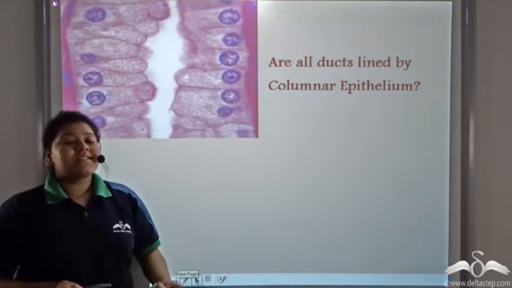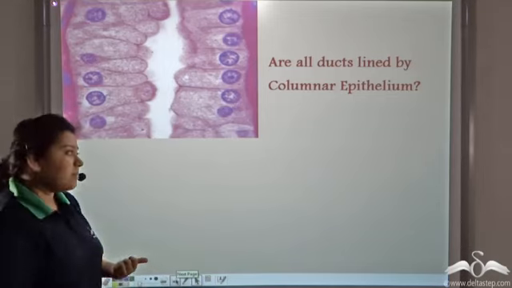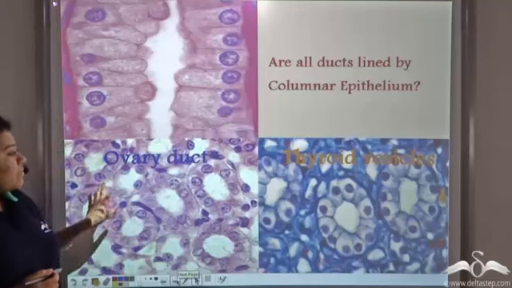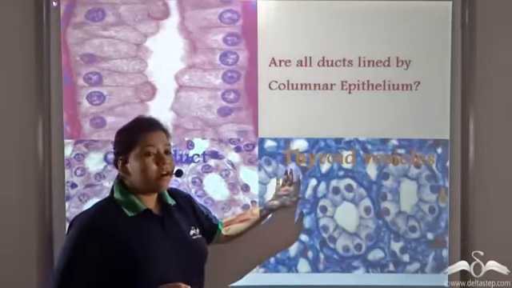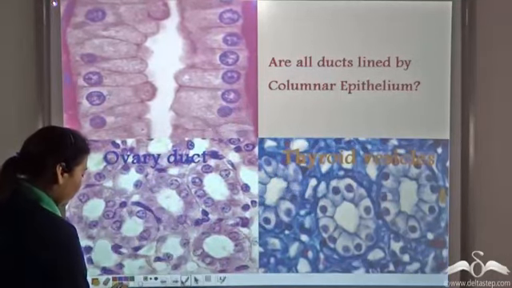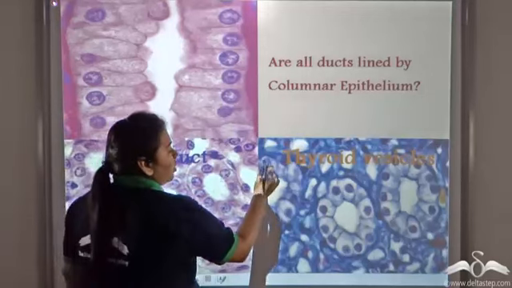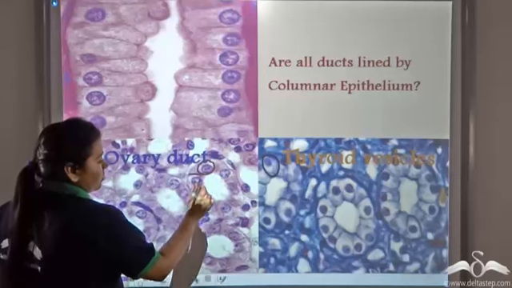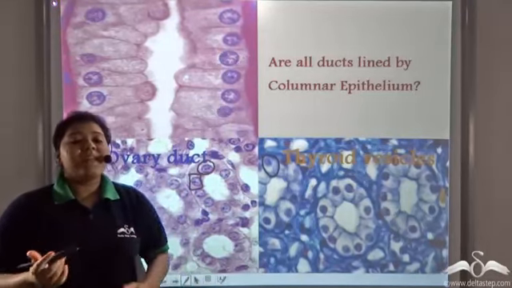Now, are all ducts lined by columnar epithelial cells? Let us see. This is the picture of the ovary duct, and this is a picture of the thyroid vesicles. Now, notice that these cells do not have a column shape. They have a cube-like shape.